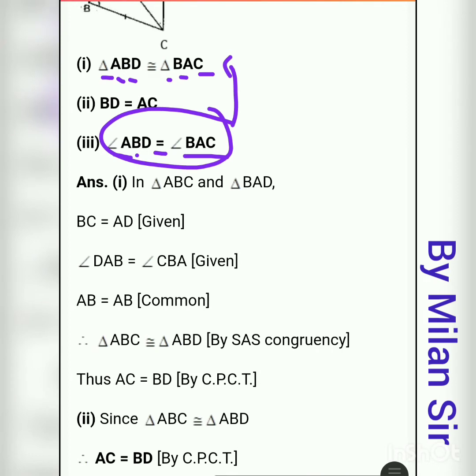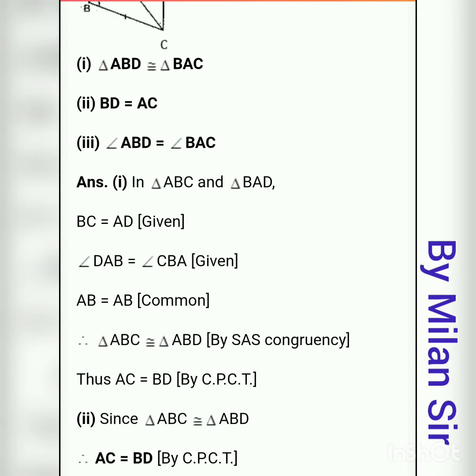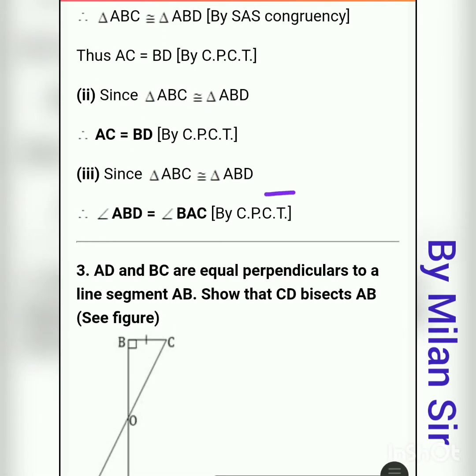That's why it is very easy, but sometimes we need to arrange it. So whatever arrangement we take from the first triangle, the same arrangement we need to take from the second triangle. ABD is equal to BAC, and here our reason is by CPCT, corresponding parts of congruent triangles.